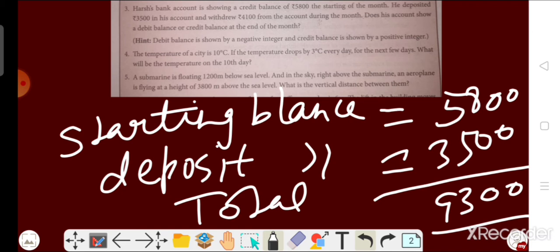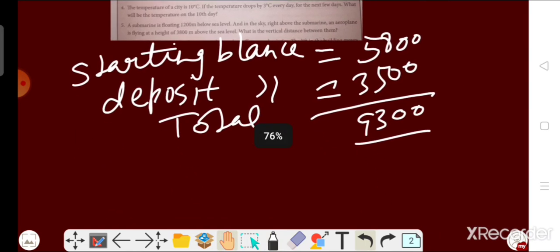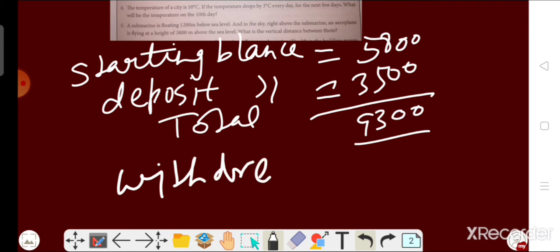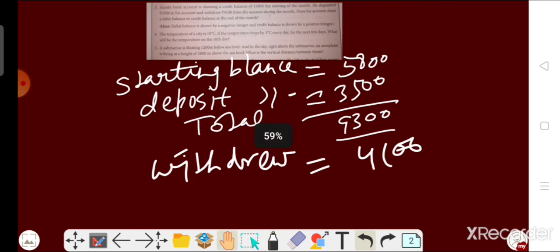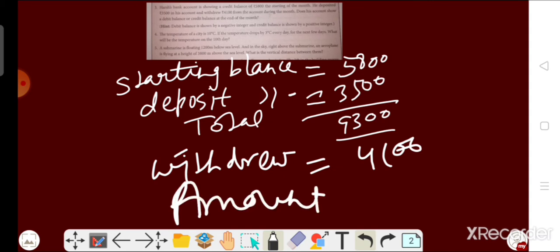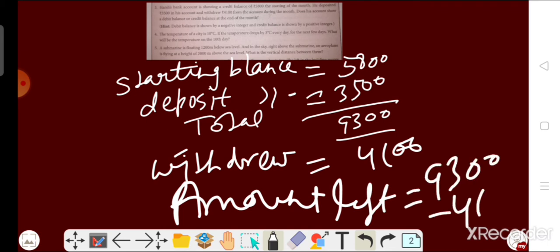After depositing 3500, he withdrew an amount. Withdrew means took out an amount. So the withdrawn amount is 4100. So the amount left is 9300 minus 4100.